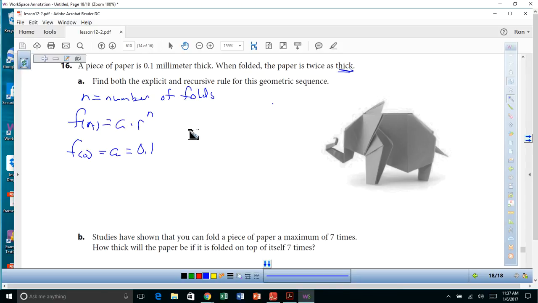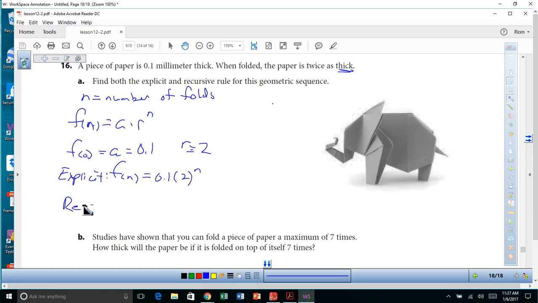And r equals 2, because each time you fold it, it makes it twice as much. So our explicit rule is F of n equals a, which is 0.1, times r, which is 2 to the nth power.